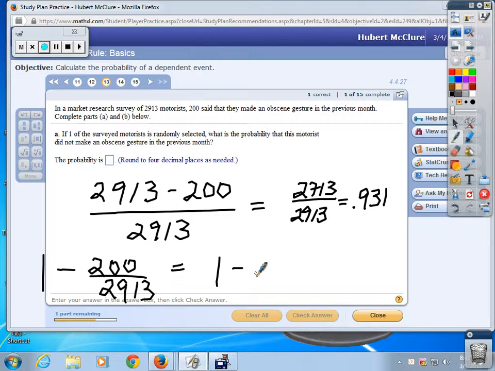Somebody take 200 and divide it by 2913. What do you get? 0.069. And that equals 0.9.